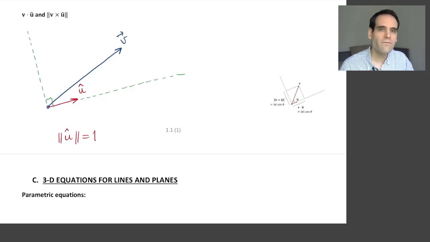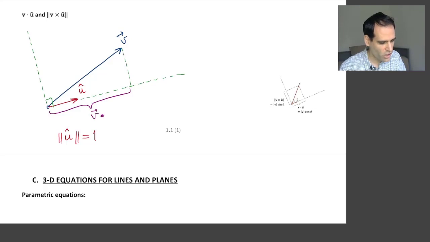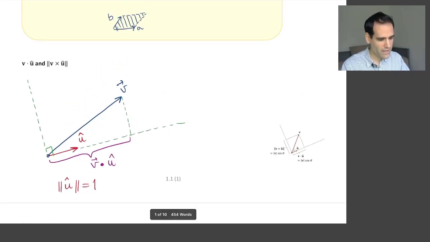Then the projection of V onto these two axes can be found very quickly by doing the dot product. For example, if we do the dot product of V times U, we get this length. So this length is the dot product of vector V dot the unit vector U. Why is that?